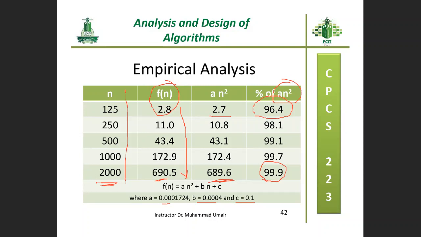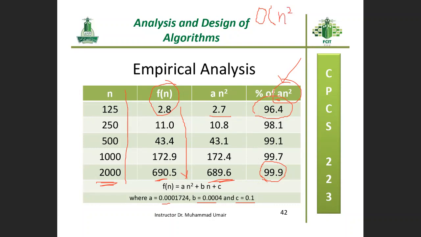So even though you have a polynomial function an square plus bn plus c, the actual efficiency will be described by the factor an square, and even a is actually the effect of the environment, the hardware which you have used. So again we conclude the running time will be O of n square. Is that clear?